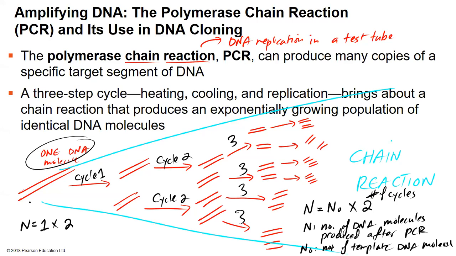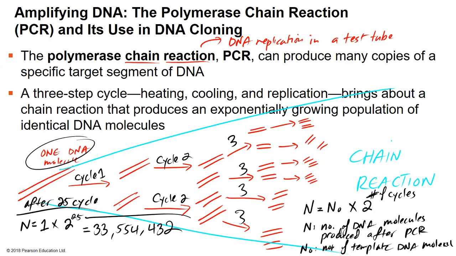So after 25 cycles, we will have 2 to the power 25. Let me quickly calculate it for you. The number is 33 million 545,432 copies.